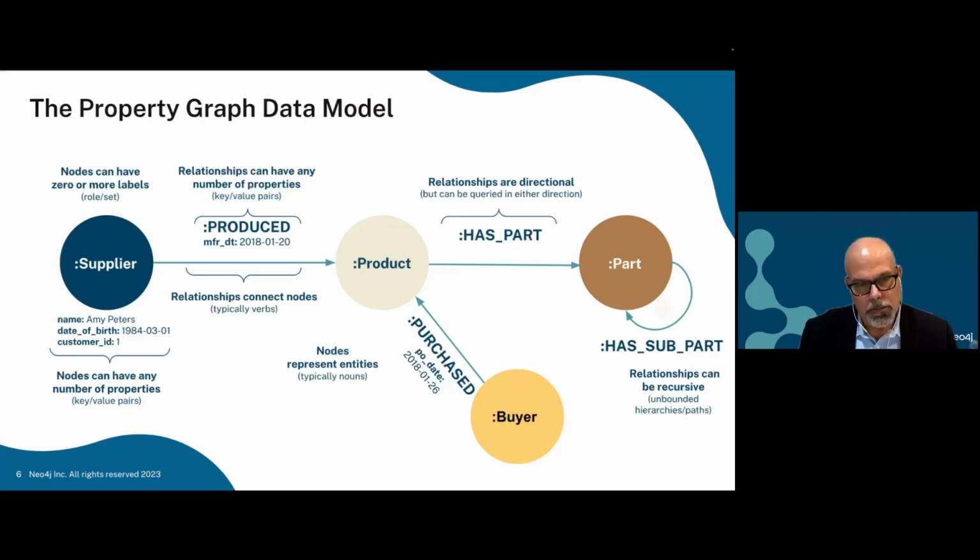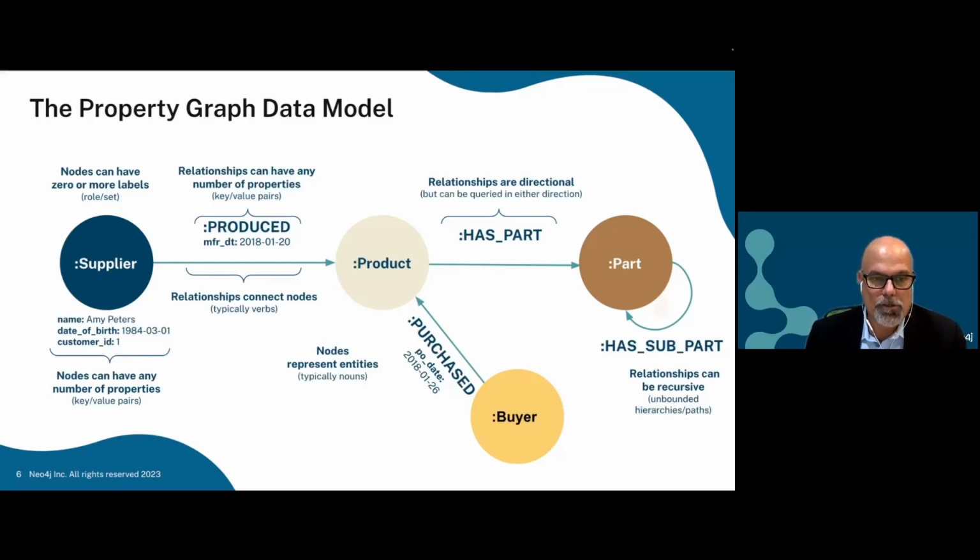You're looking at your entities, and we call those nodes in our property graph model. For example, on this diagram, I have suppliers, products, parts, and buyers.